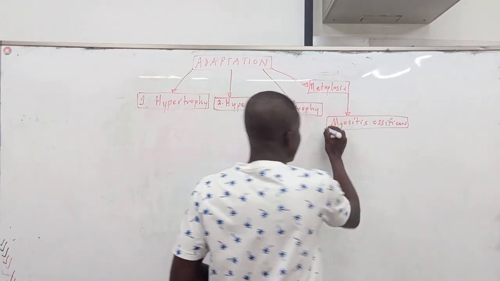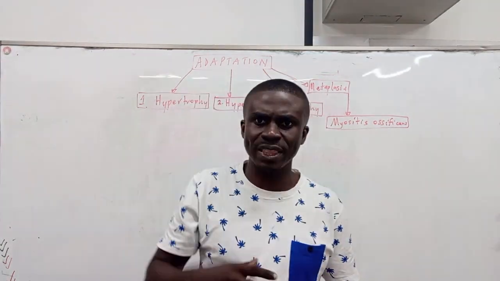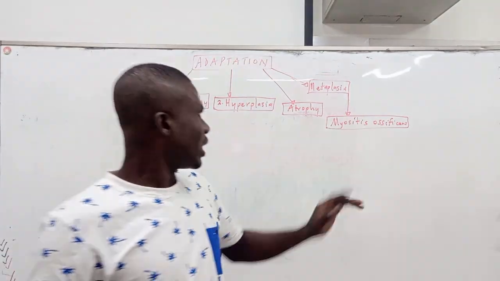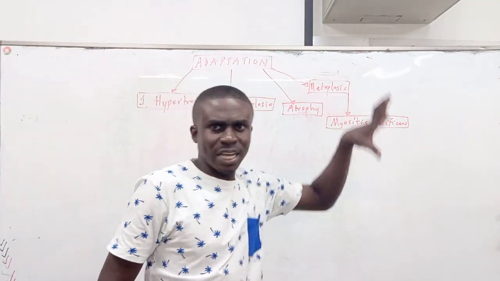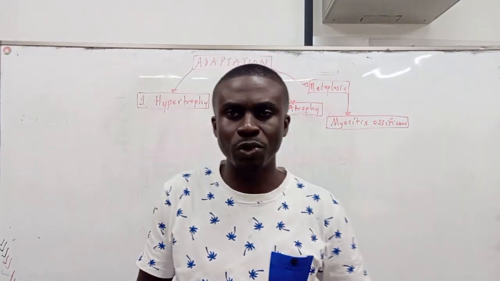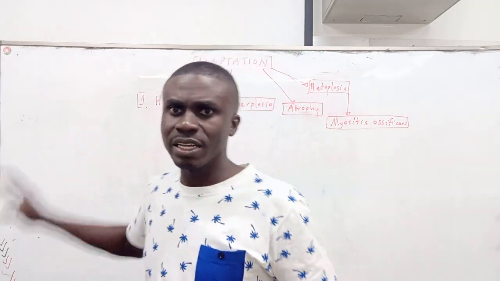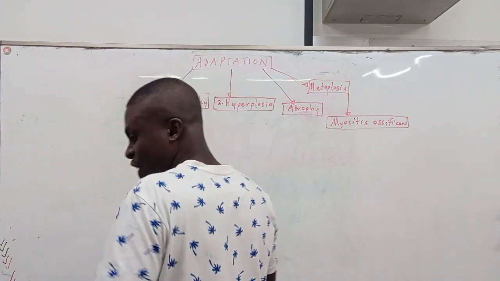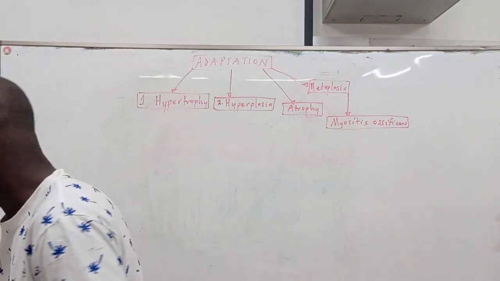After the muscle has been inflamed, because you put a lot of stress over there, it's going to transform to become bone. I mean, whenever you see ossification, it becomes bony. So these are the ways that the muscle will respond to stress, the adaptation that I want you to be aware of.